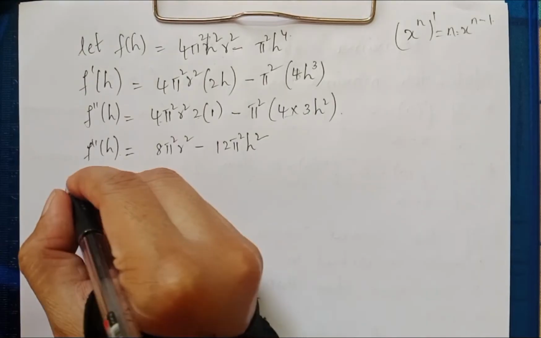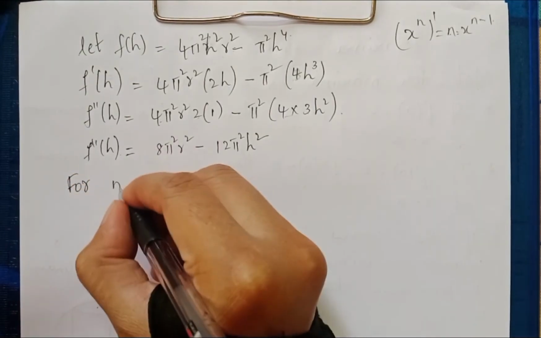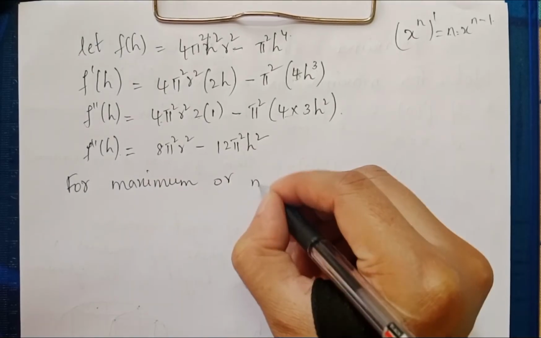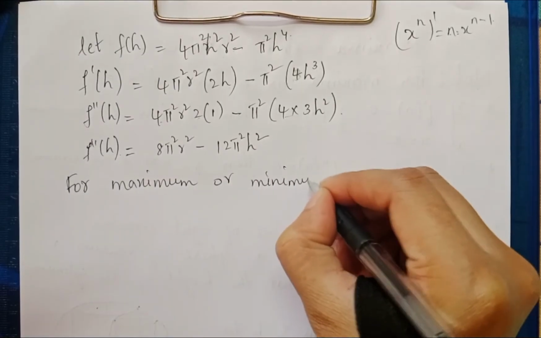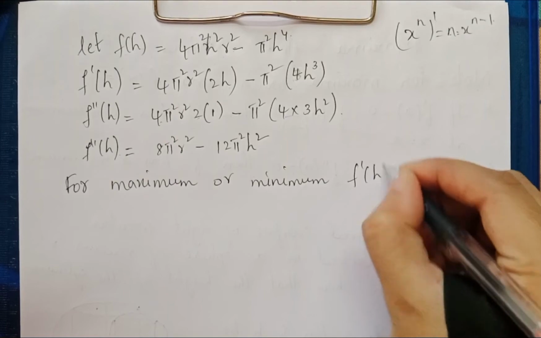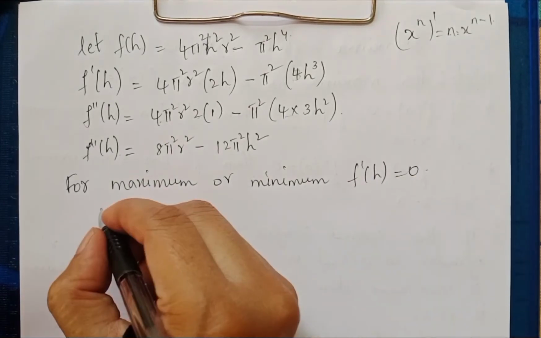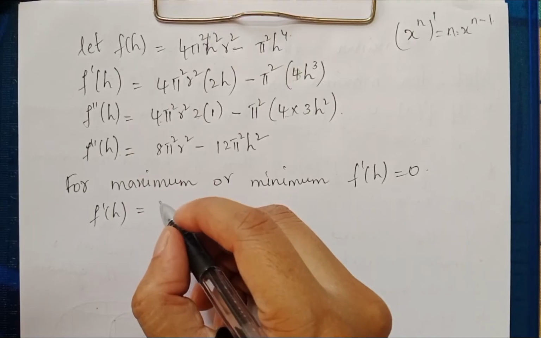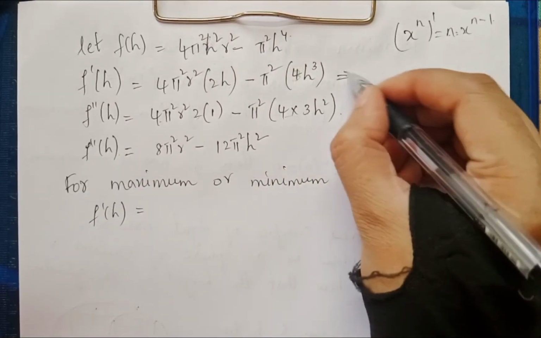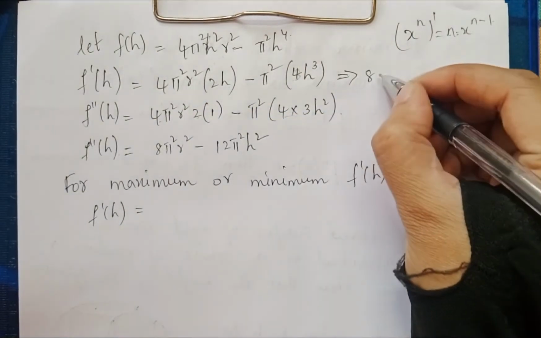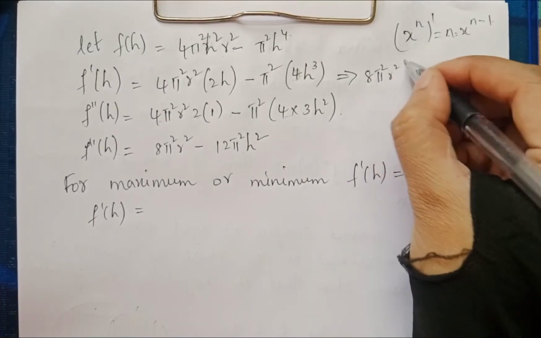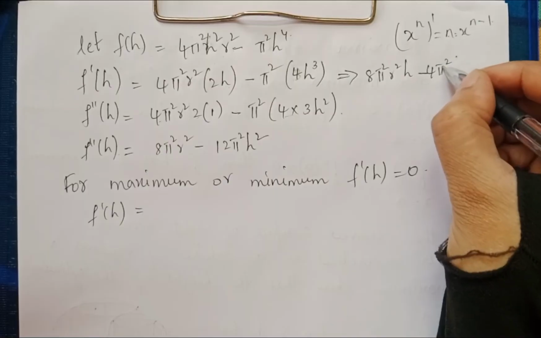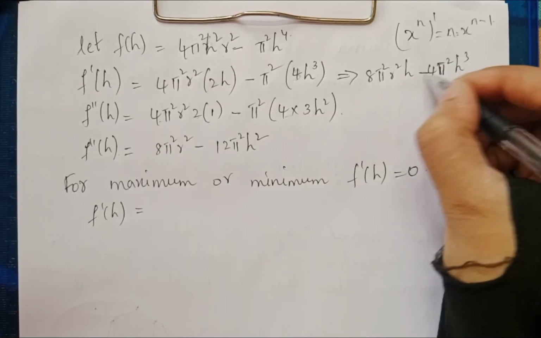Now we know that for any maxima or minima, the function f dash of h will be equal to 0. So we equate f dash of h equal to 0. We can write this function as 4 twos are 8, 8 pi square r square h minus 4 pi square h cube.